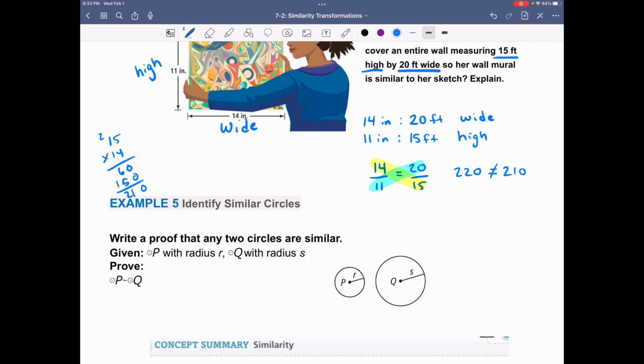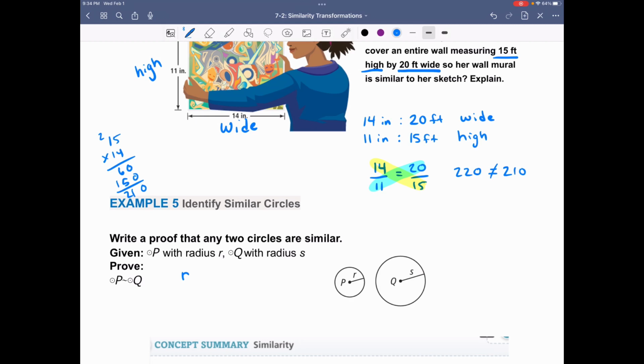So we're looking at radius R and radius S, and if we were to take circle Q and we said that we got circle Q from circle P, is that a set of rigid motions and a dilation?